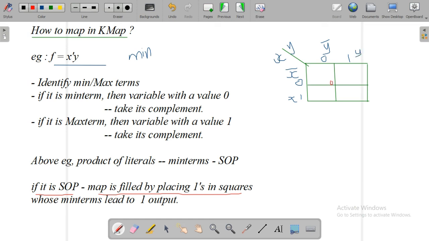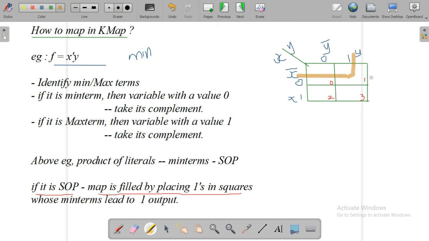Here 0 is indicating y dash, and 1 is indicating y. Next we can write the subscripts 0, 1, 2, 3.